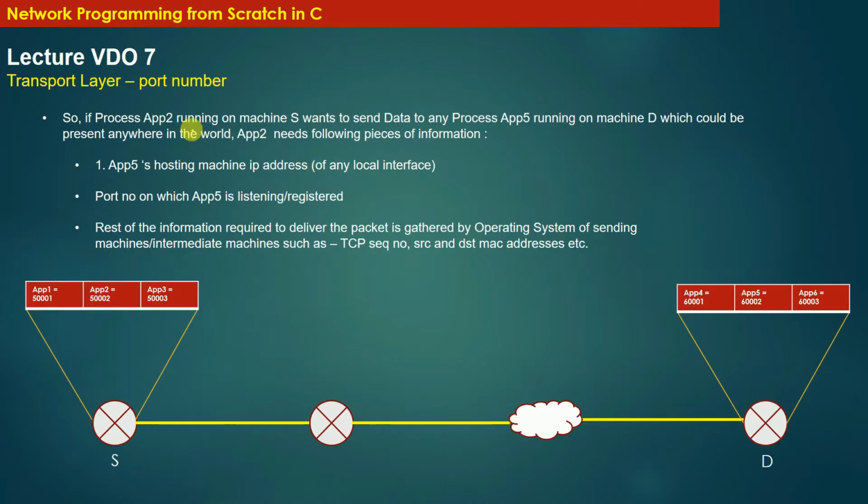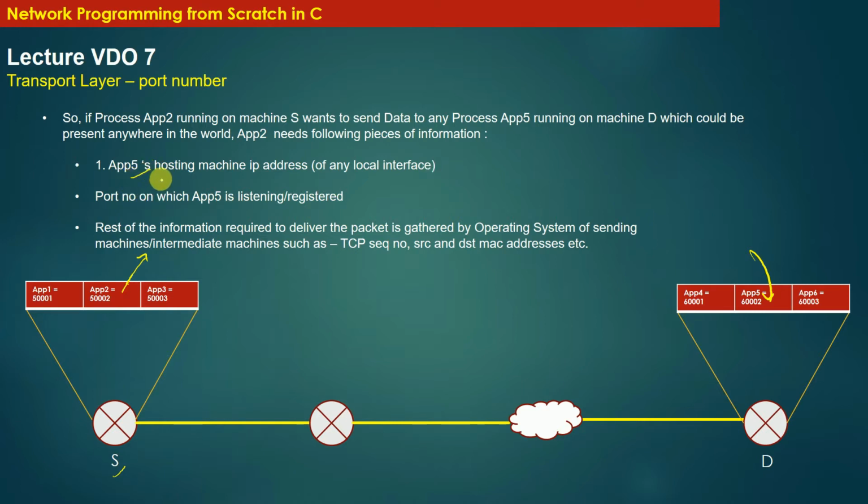Now, if a process, that is app 2, running on machine S wants to send data to a process, that is app 5, running on machine D, application 2 needs to specify the following information.